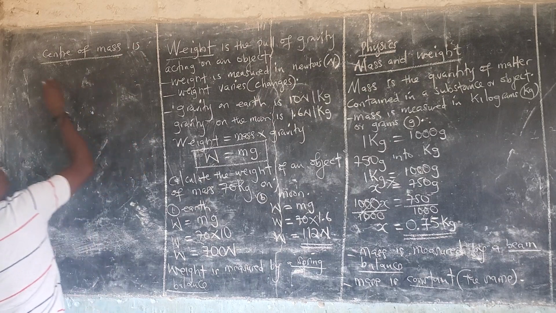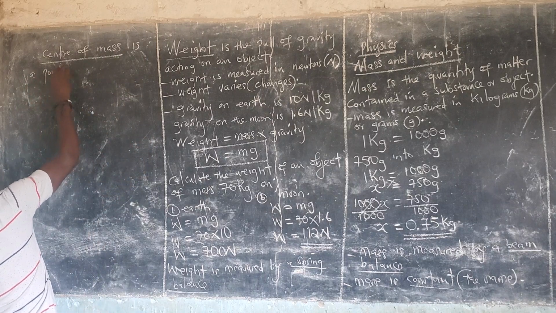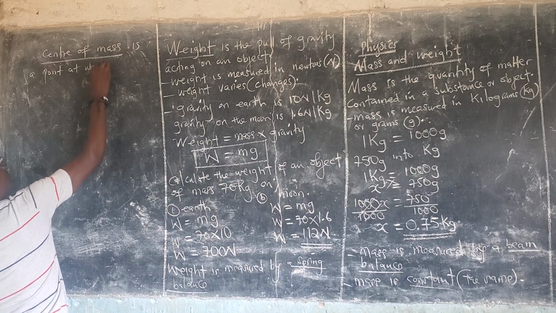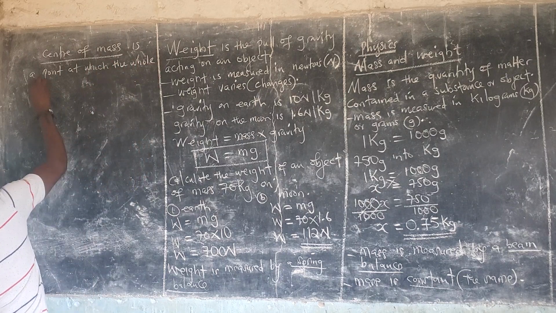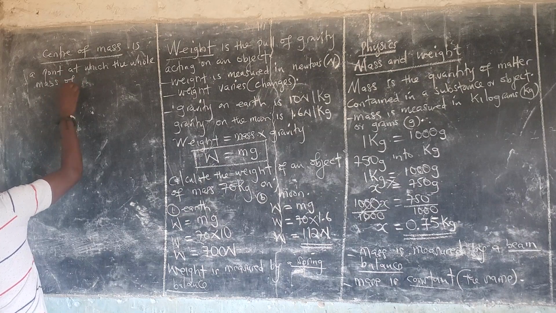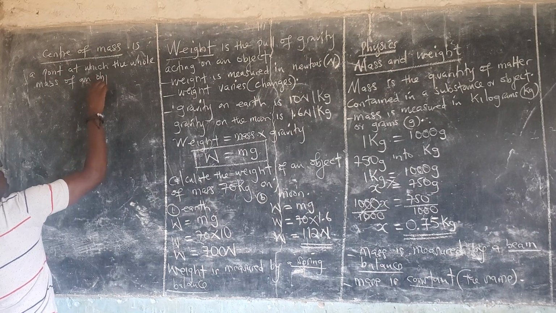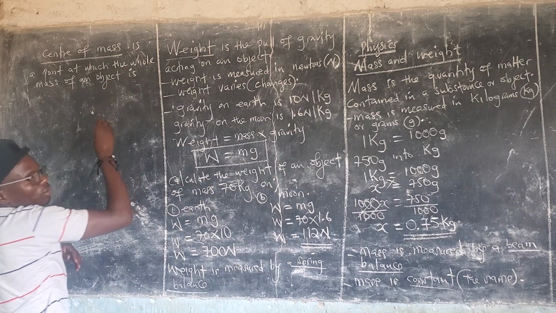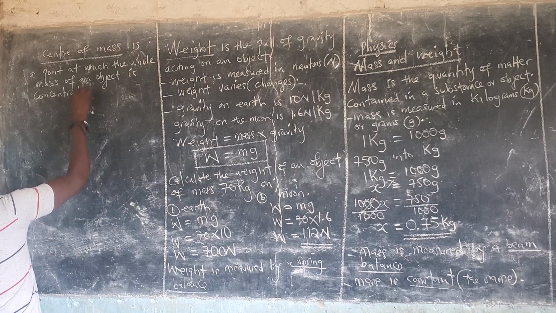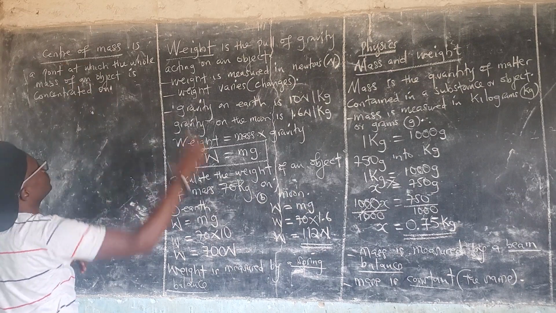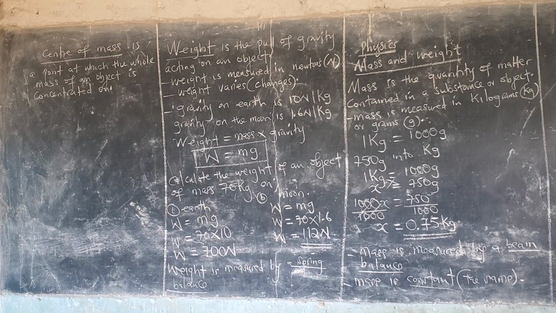The center of mass is a point at which the whole mass of an object is concentrated, so to say. That is what you call the center of mass, or sometimes the center of gravity. And then there are equilibriums there.